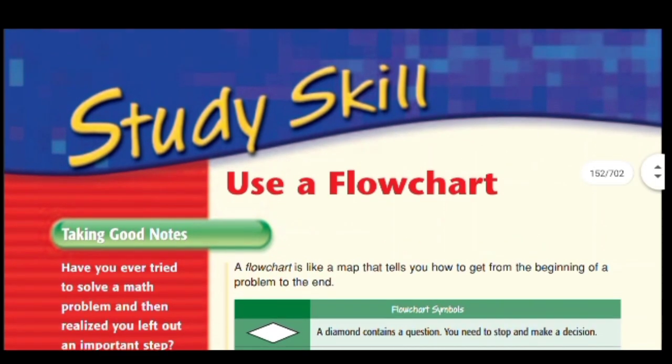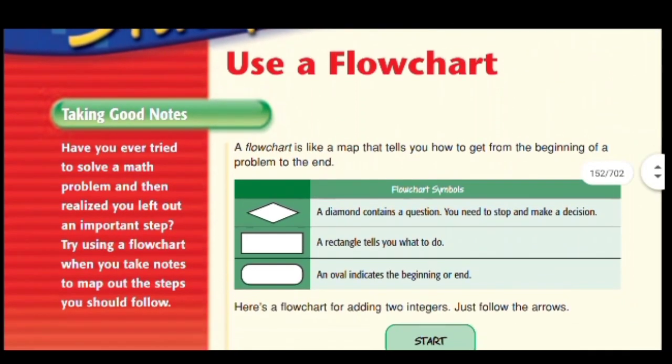Study skill: flowcharts. Taking good notes. Have you ever tried to solve a math problem and then realized you left out an important step?